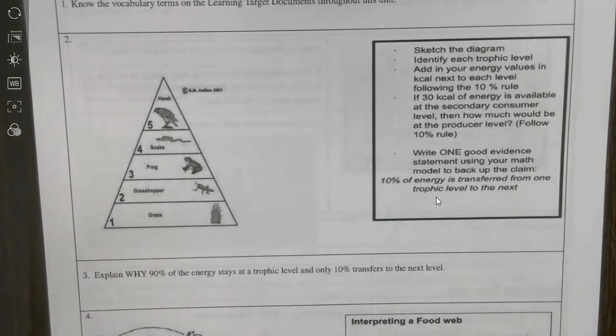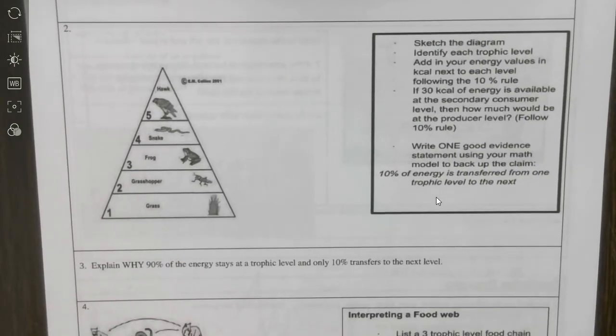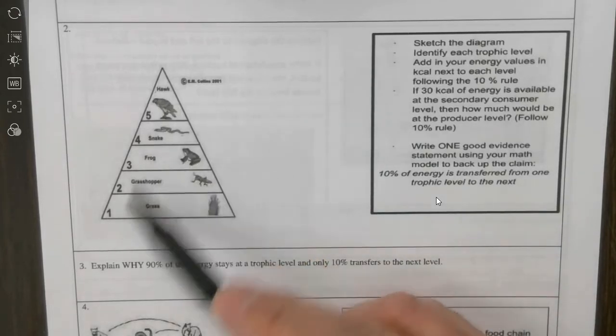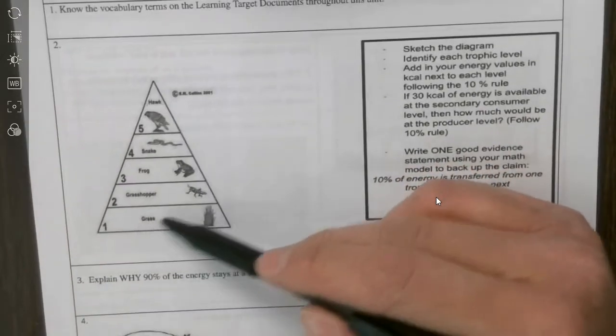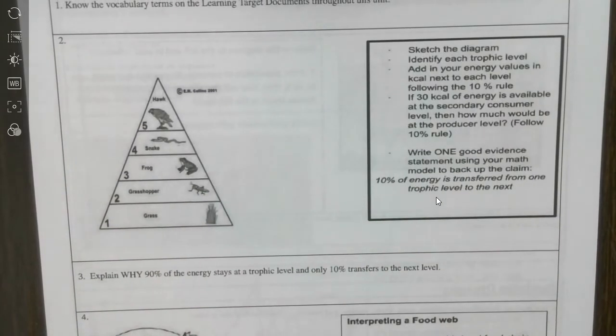There are a couple key things that you'll need to be able to do on the unit test. You'll need to be able to look at an energy pyramid, or a trophic pyramid, and be able to tell us a couple things about it. If you remember, one of the first things that we talked about this semester was what we call the 10% rule.